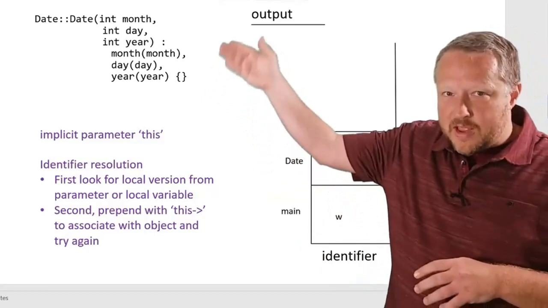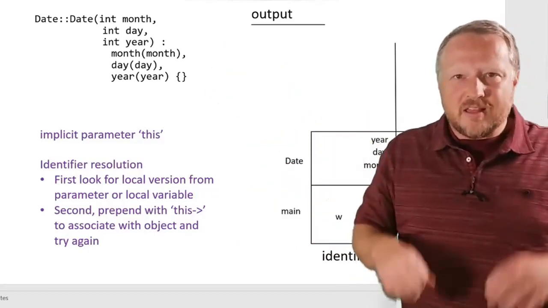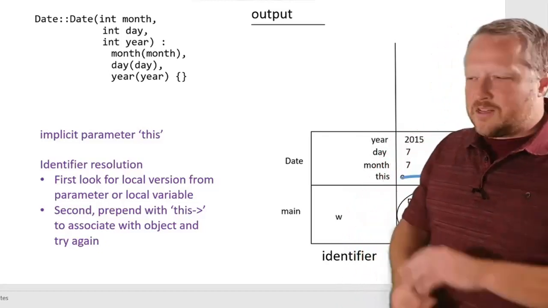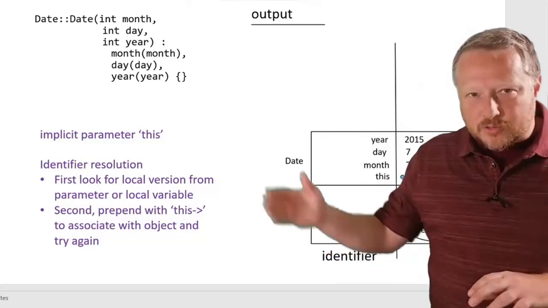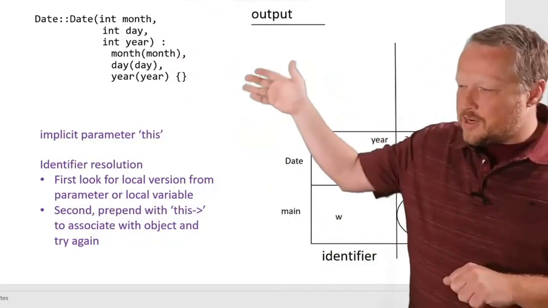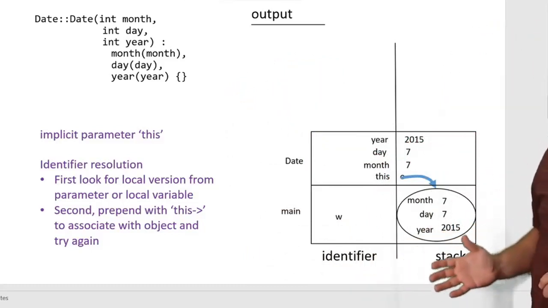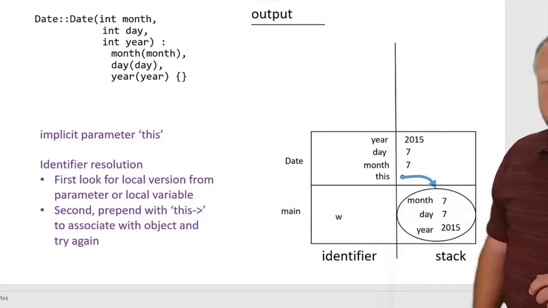There's no local values in here. If there isn't, then second, prepend it with the this symbol, the key associated with that object's data member. So in reality, there are arrows all through this whole initializer list. And that's why we now have the actual values in our first line in our main.